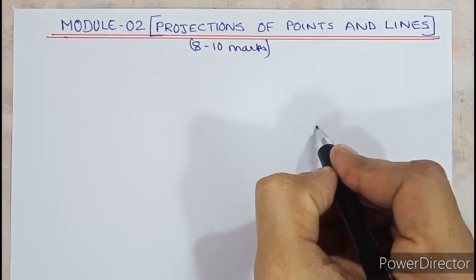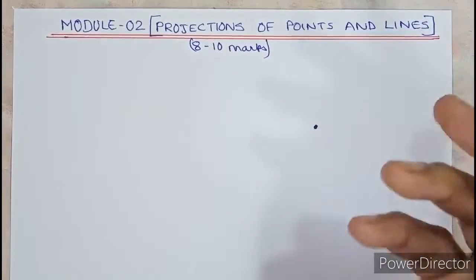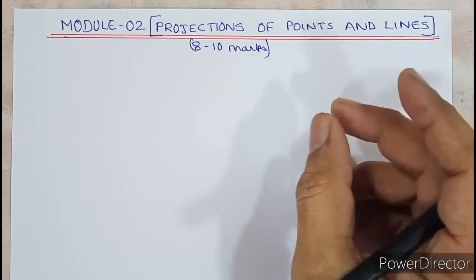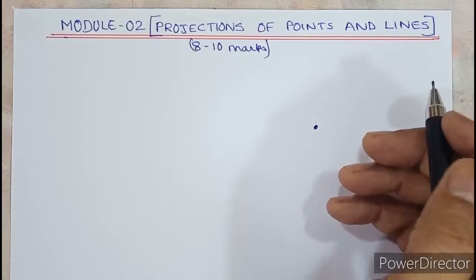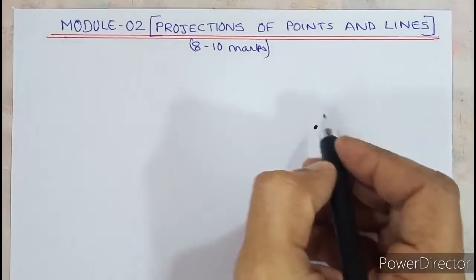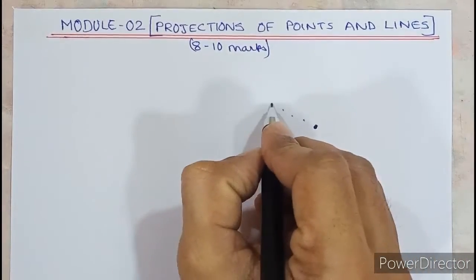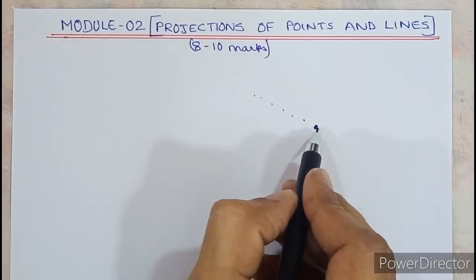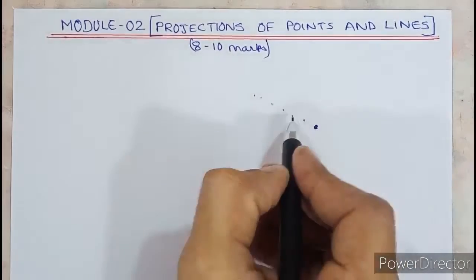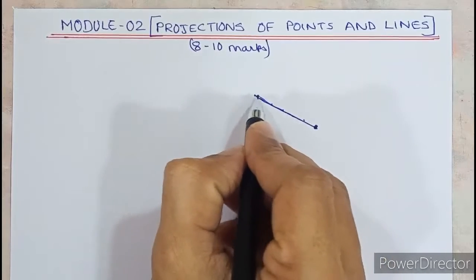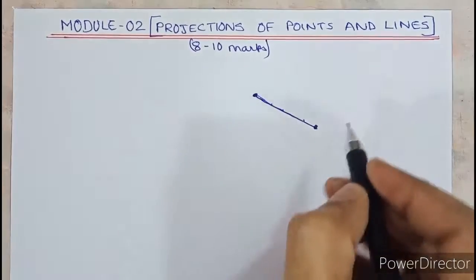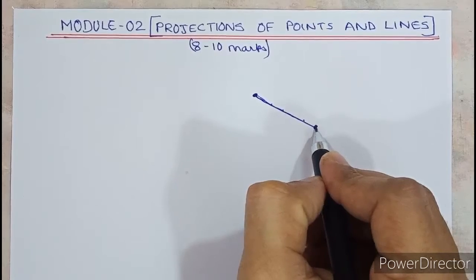projection of points. Let us learn how an object is produced or developed. If you look at it graphically, too many points form a line. So logically, point comes first.